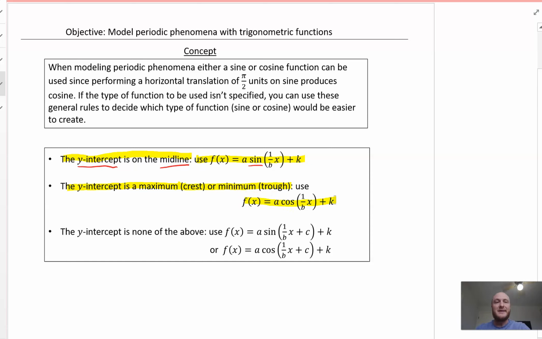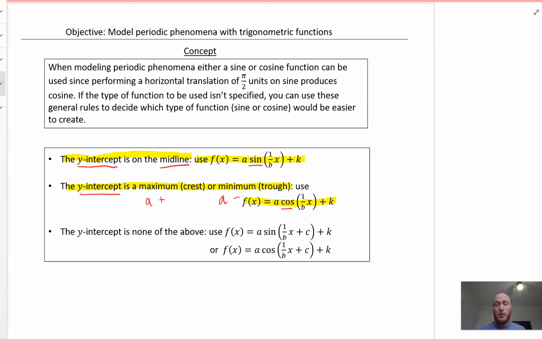And you can also infer that if your y-intercept is at a maximum, your a value is going to be positive. If your y-intercept is at a minimum or a trough, then your a value is negative. Those are just some tricks.